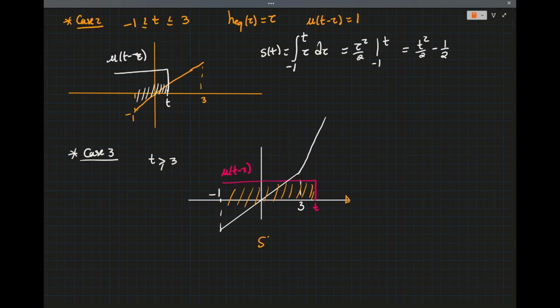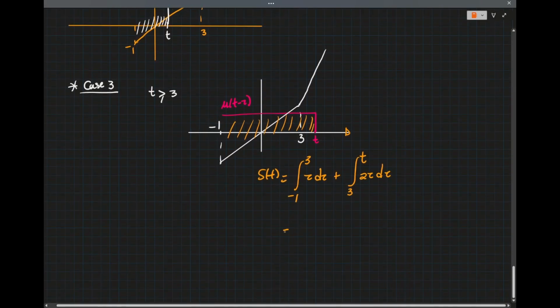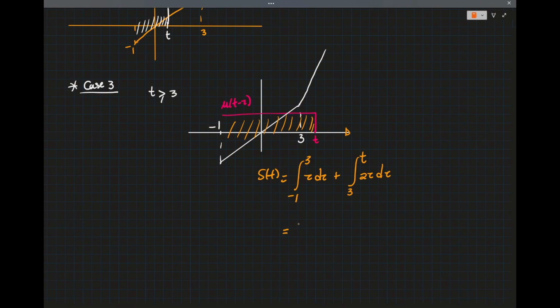So x of t, we have two sections for overlap. To go from -1 to 3, the function is tau d tau, plus the integral from 3 to t, where the function is 2 tau d tau. So let's integrate. We have tau squared over 2 taken from -1 to 3, plus tau squared taken from 3 to t.